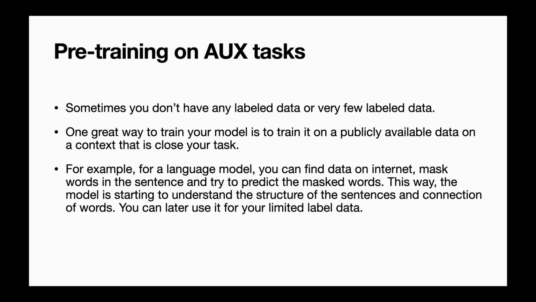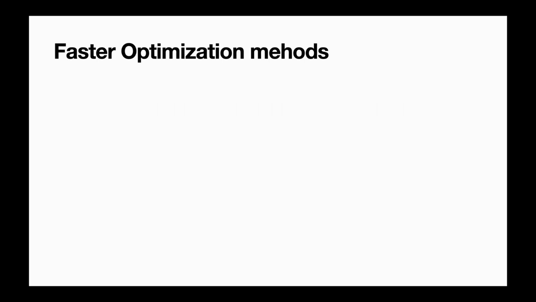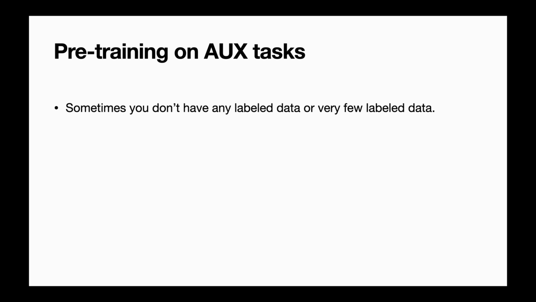Once you have this model which can already understand features like a face, you can train it with a very limited amount of data on noses. So that is the premise of training on auxiliary tasks.